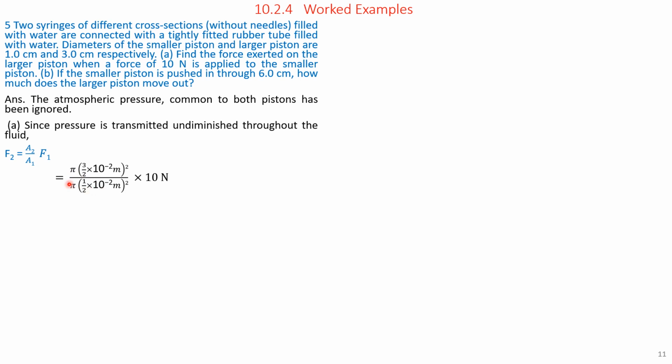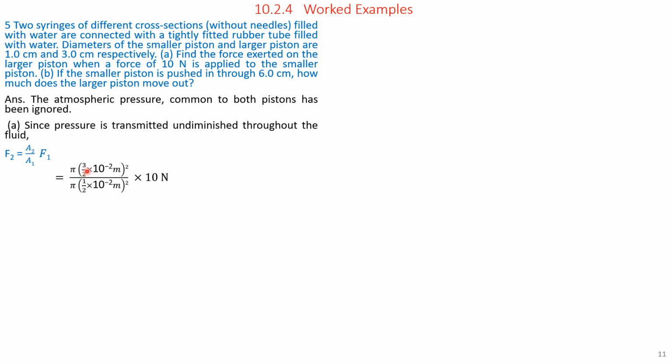Therefore, substituting the values of A2, A1 and F1 given in the question, we get A2 is equal to pi r square, that is pi into (3 by 2), where 3 is the diameter and 3 by 2 is the radius.